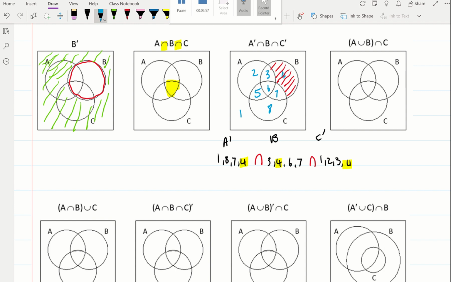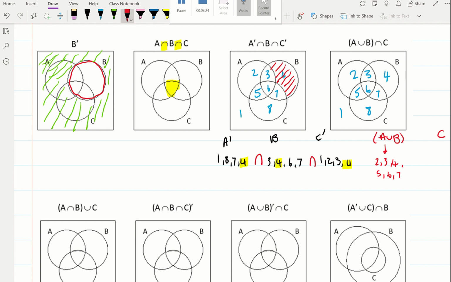And I'll do exactly the same with the next one. 1, 2, 3, 4, 5, 6, 7, and 8. And I'm going to deal with the bracket first. I want the union of A and B. Well, all of A and B is 2 and 3 and 4 and 5 and 6 and 7.